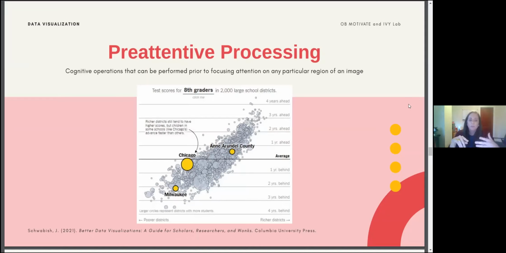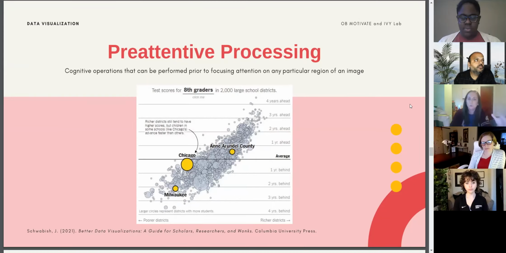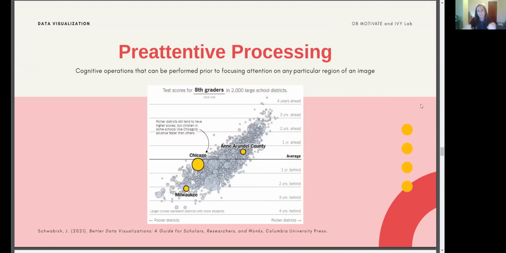So it was helpful for them to highlight where they fall on this continuum of wealth and test scores to complement their text. They're also using the size of the point to help you also see that there's variation in the size of the school district. So the Chicago school district is much larger than either of the other 2, and that's discussed in the body of the text.